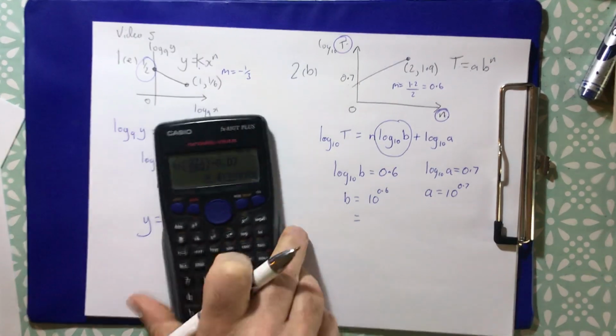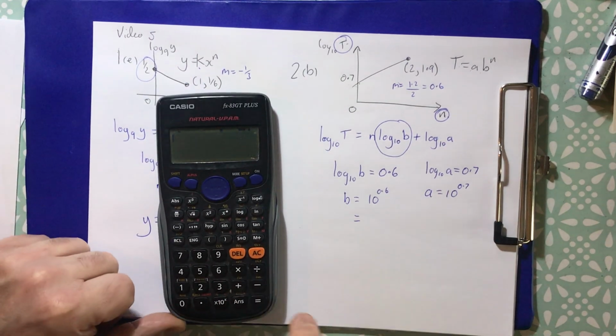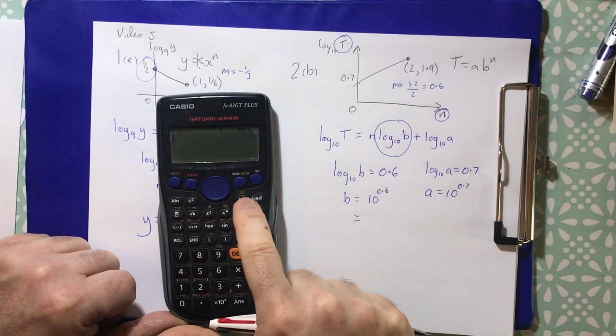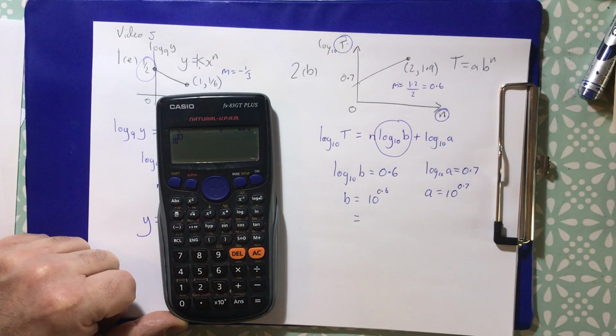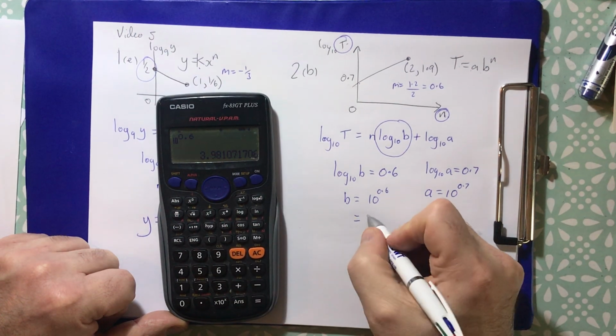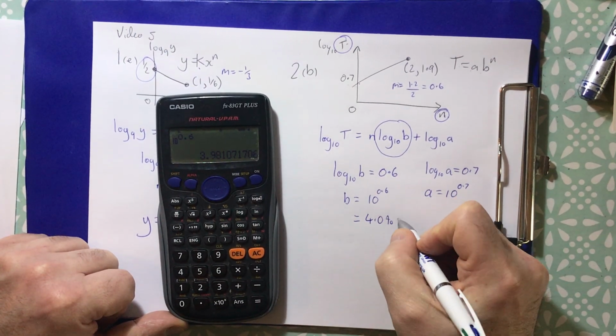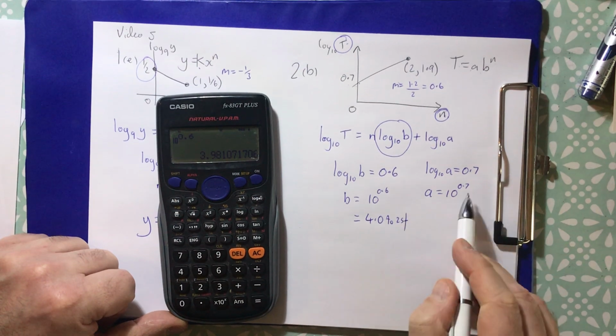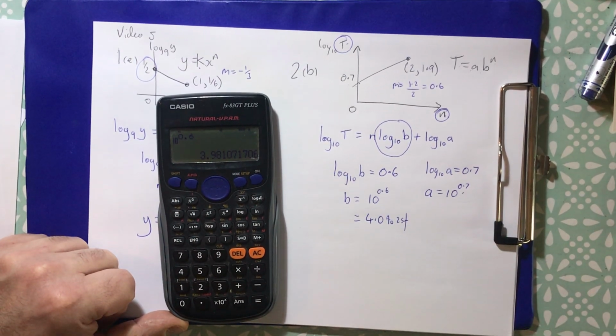Let's work these out on our calculator. Okay, shift log gives you 10 to the power. We wanted 0.6. That gives me 4.0 to two significant figures. What about this one? 0.7.